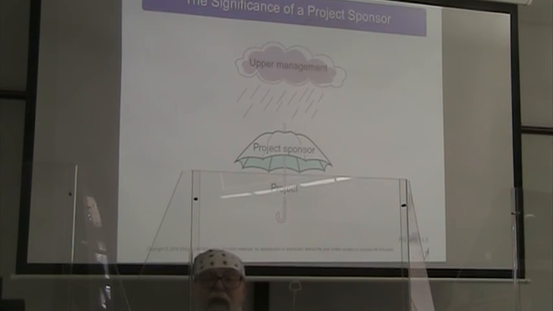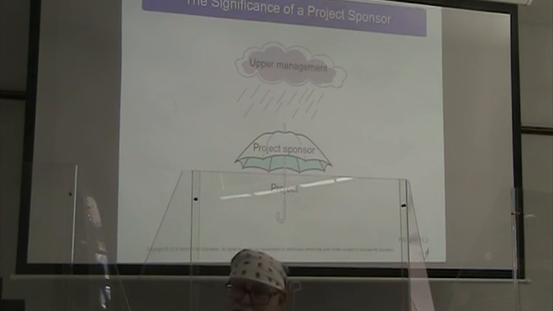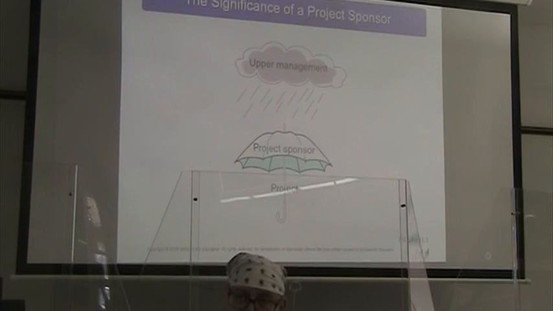So our project sponsor needs to be the one who is our umbrella when upper management starts raining on us, able to intercept a lot of these unreasonable requests and a lot of stuff that just really interferes with us doing the project.